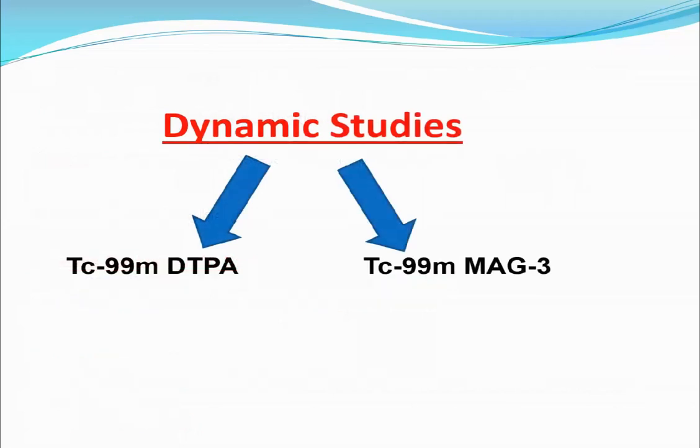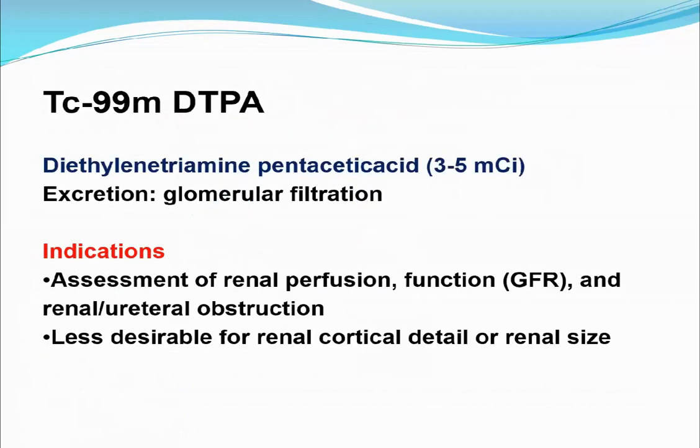Dynamic studies are made by either technetium-99m DTPA or technetium-99m MAG3. Technetium-99m DTPA, diethylene triamine pentaacetic acid, the dose is 3 to 5 millicuries. Excretion is by glomerular filtration.